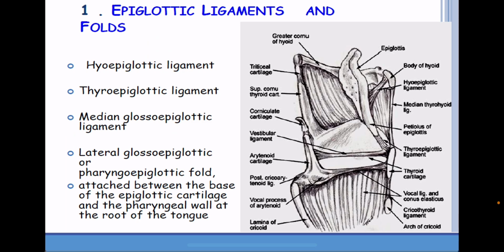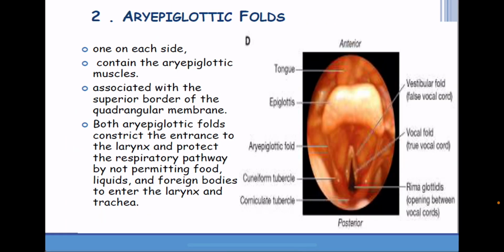They are attached between the base of the epiglottic cartilage and the pharyngeal wall to the root of the tongue. The second one is the aryepiglottic fold, one on each side. They contain the aryepiglottic muscles associated with the superior border of the quadrangular membrane.